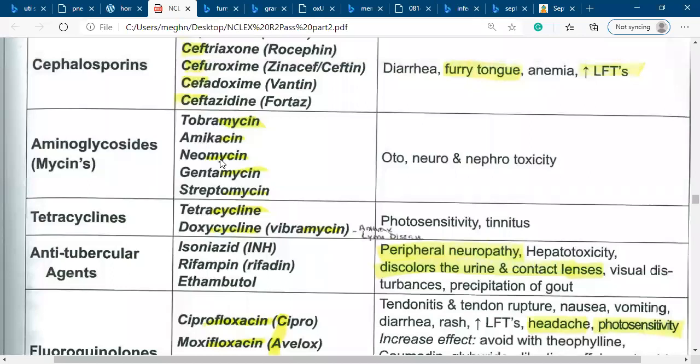In short, any kind of serious bacterial infection, we give them aminoglycoside. Basically, aminoglycosides like gentamicin or vancomycin or neomycin destroy bacteria by inhibiting protein synthesis of bacteria.